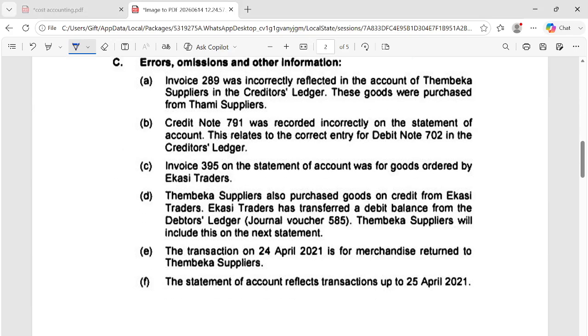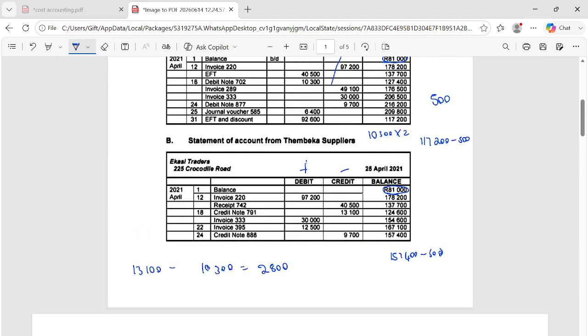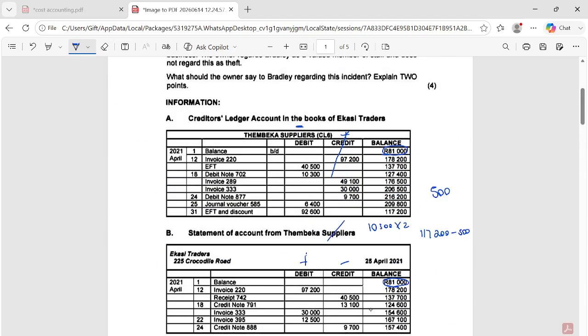Then we have what? Tembe Supplier also purchased goods on credit from Legacy Traders. Legacy Trader has transferred the debit balance from the debtors ledger, which is a general voucher. What I explained there. Tembe Supplier will include this on the next statement. So the general voucher, what does it do? It reduces the debt, right? I explained it somewhere here, which is this 500.